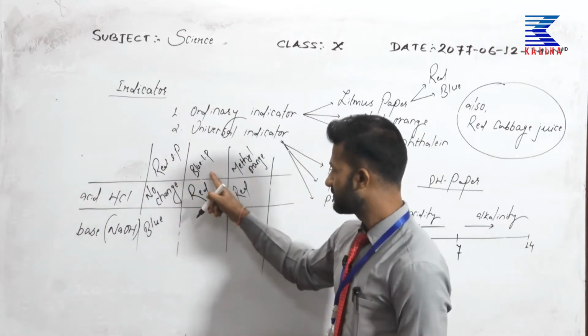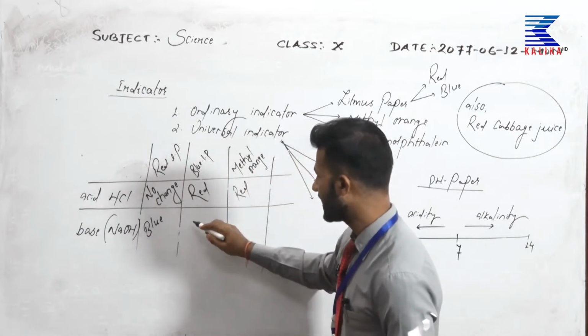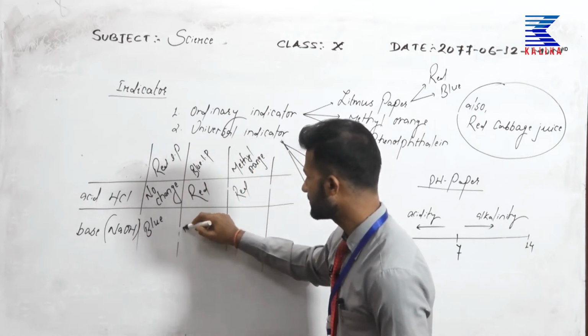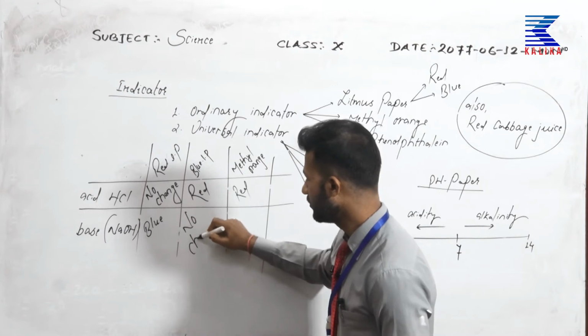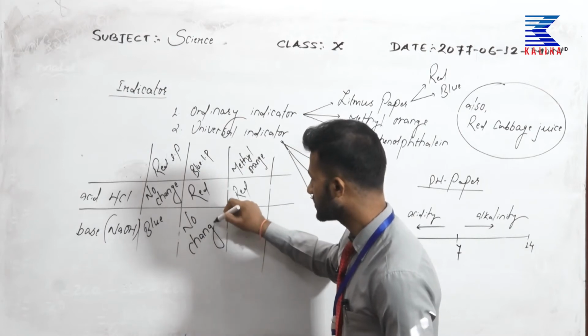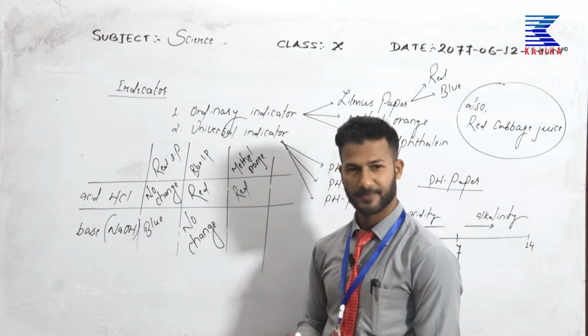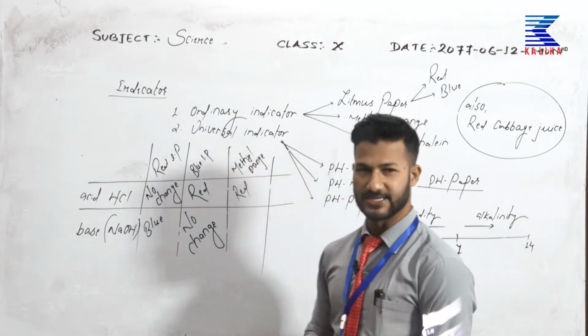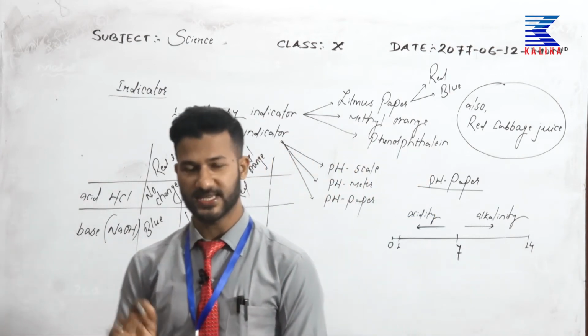See here, blue litmus paper: base does not bring any change in color. With blue litmus paper, we can write here no change in color. But with methyl orange, does it bring any change? Let us see.